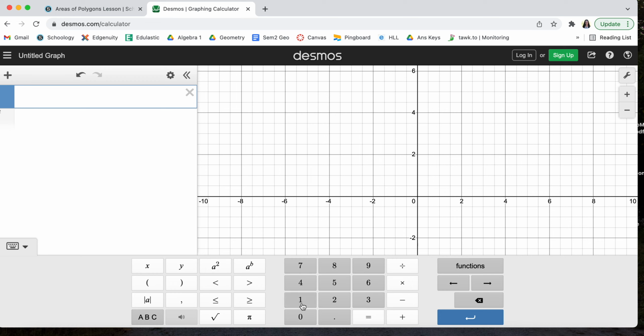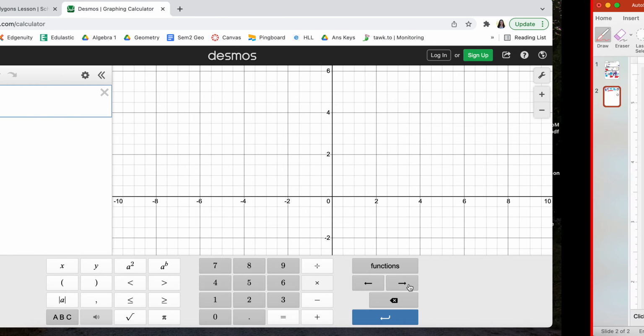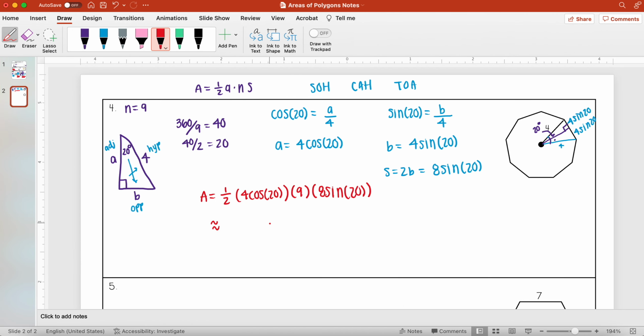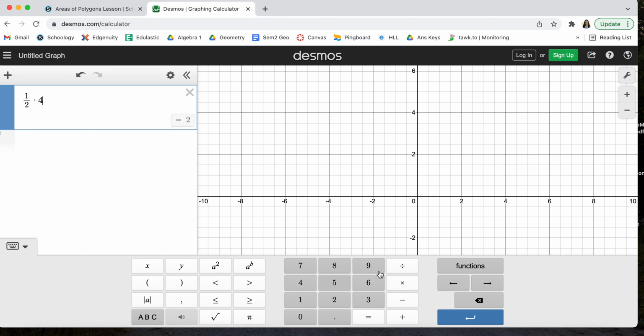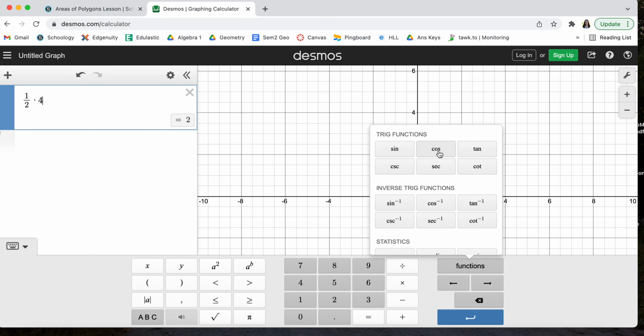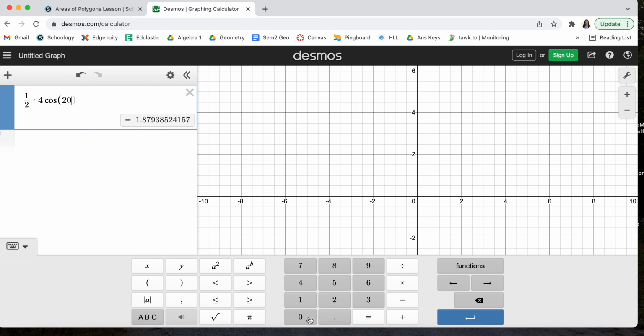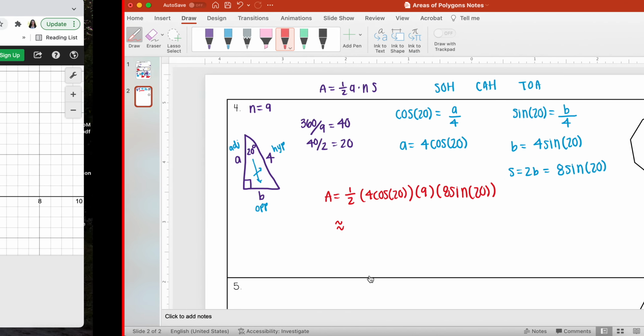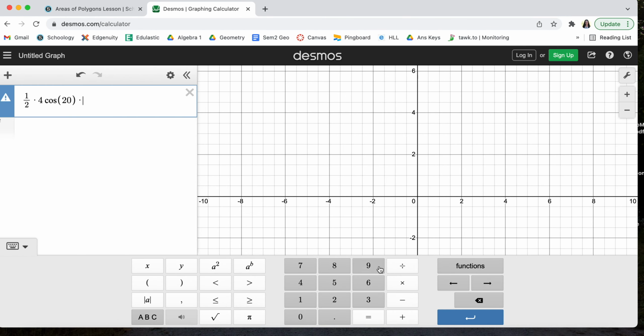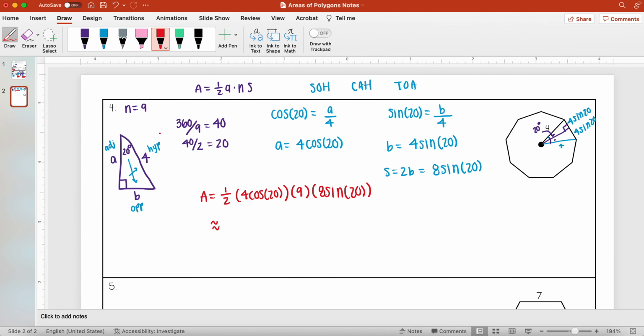And so I'm going to type in 1/2 times 4 cosine of 20, times 9 times 8 sine of 20. And I get 46.3.